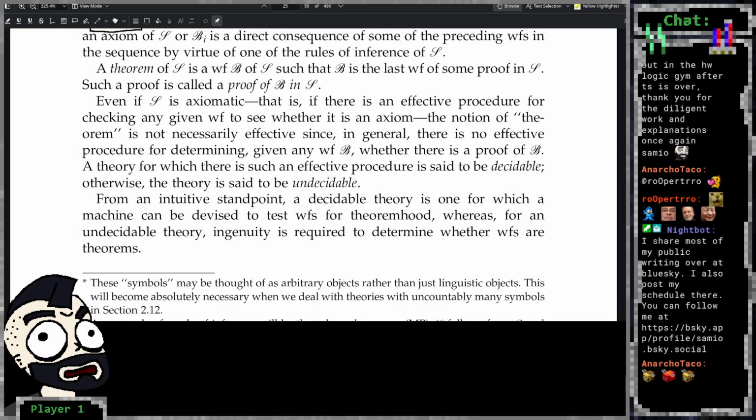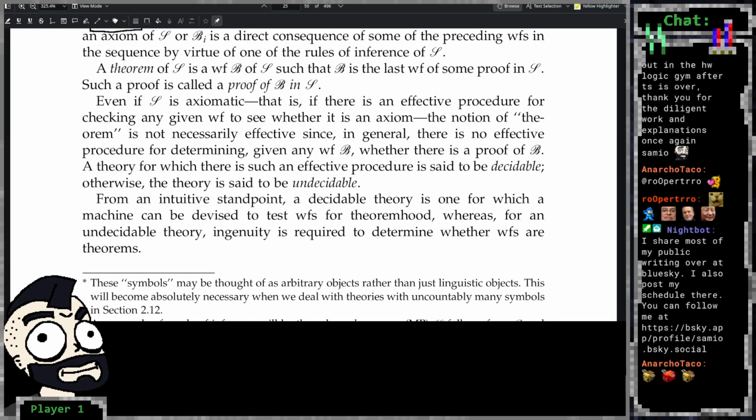If we know something is a theorem in a system, but there are no effective methods to actually get there, then the theory is said to be undecidable.